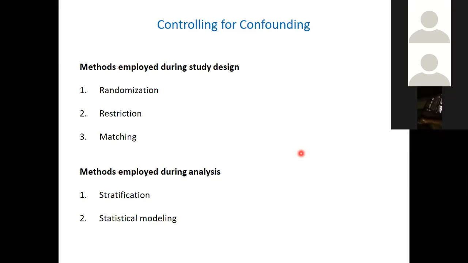Randomization means that you do not put them in groups deliberately, and you make sure you don't. Imagine you are doing a study on the effect of alcohol on lung cancer, and somebody that is smoking may more likely take alcohol also.